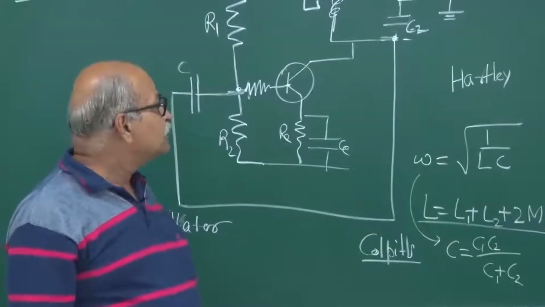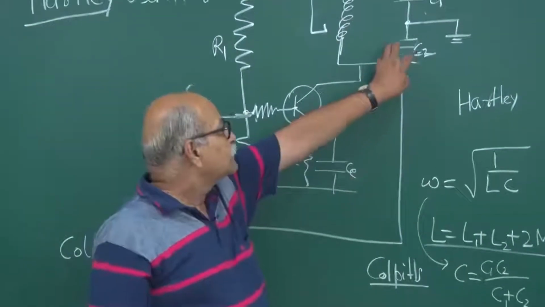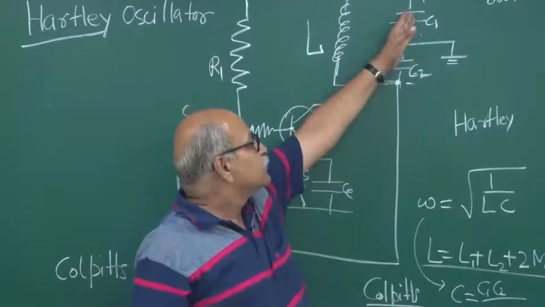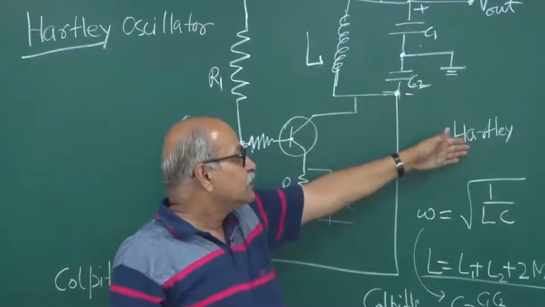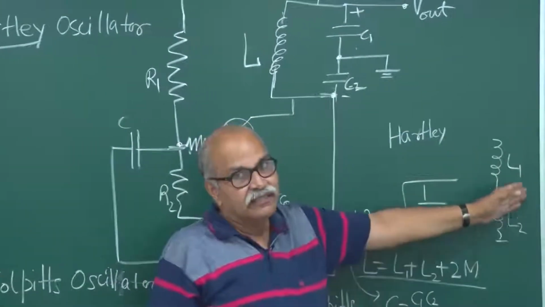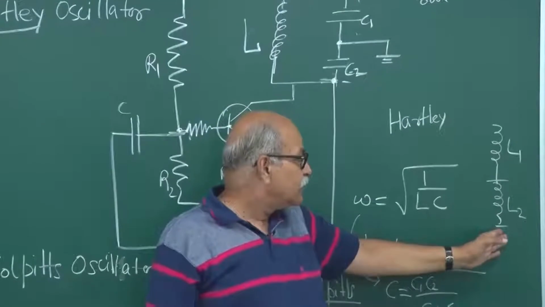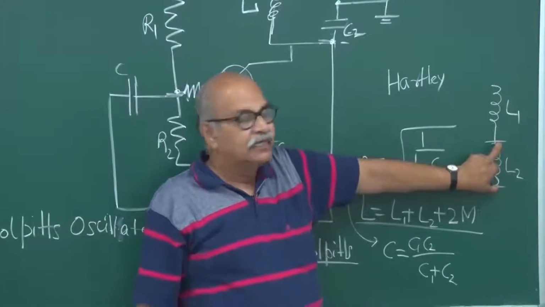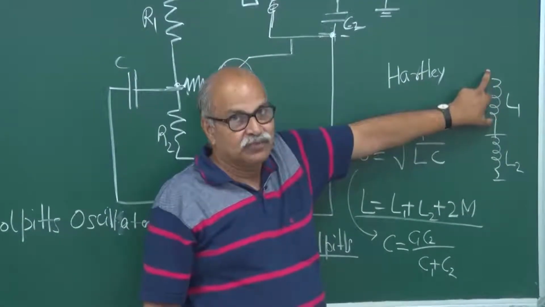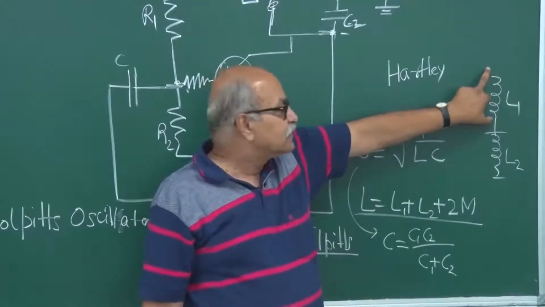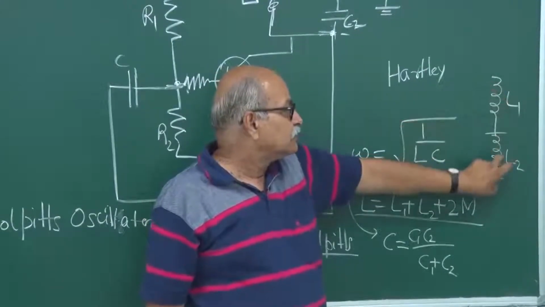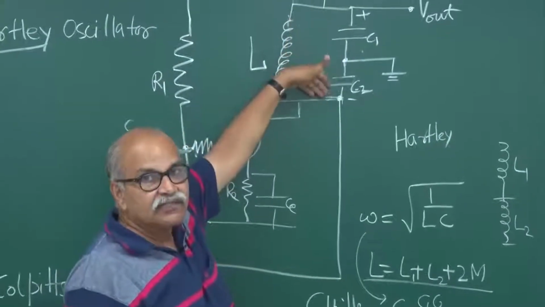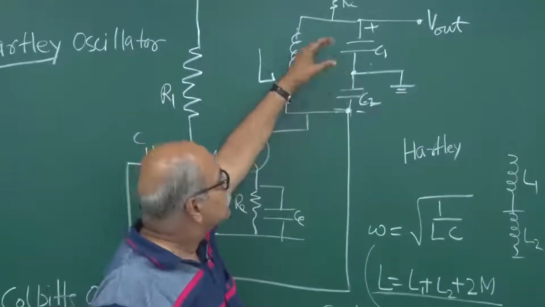And how much will be the feedback, what fraction will go into the feedback, that again is decided by this ratio C1 and C2, and for Hartley by the ratio L1 and L2, because the same current is going. The part which is going into feedback, and the part which is going into the output, that fraction will be just this ratio of L1 and L2, and similarly here it will be the ratio of C1 and C2, because the current is the same.